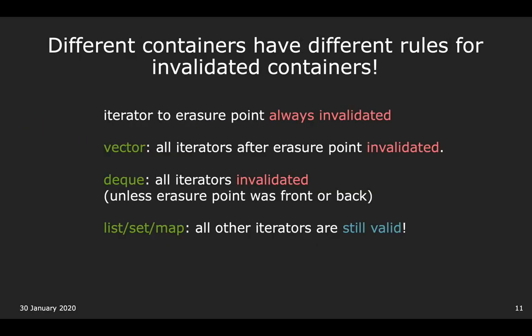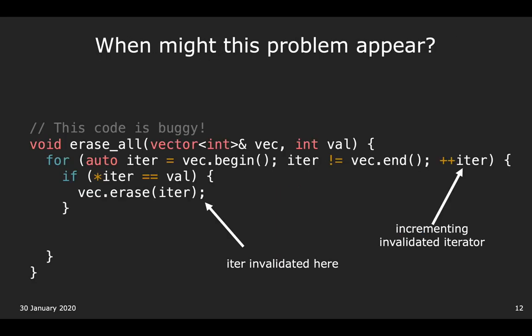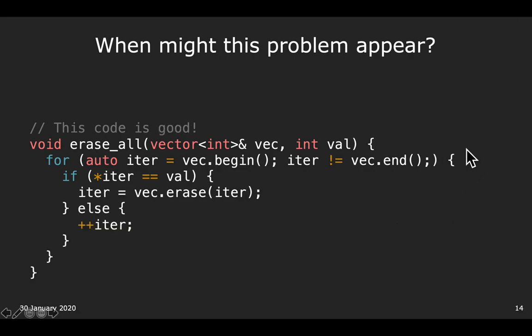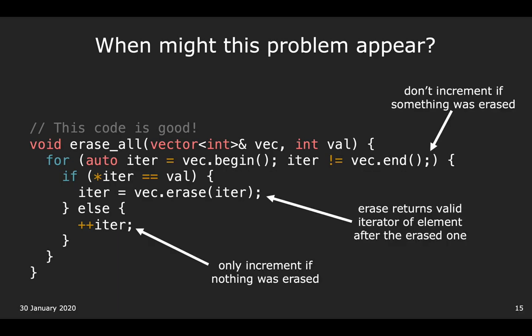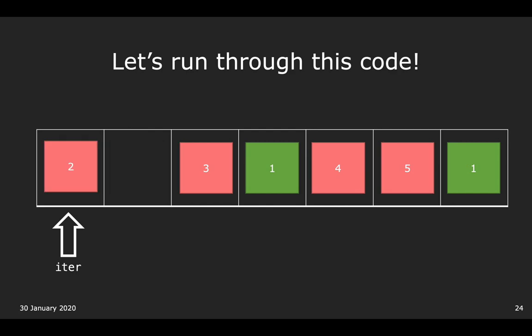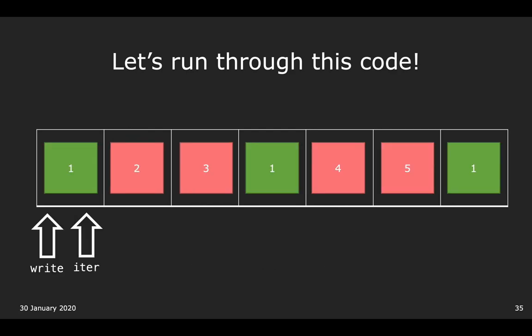For example, for vector, because if you erase an element, all the elements have to shift down, all the iterators after that get invalidated. And then we talked about the problem that if you're erasing something, you want to make sure you can't increment an invalid iterator. So we solved that by using something like this.